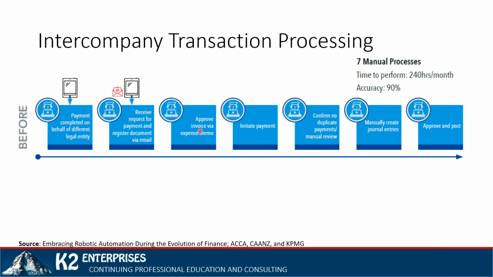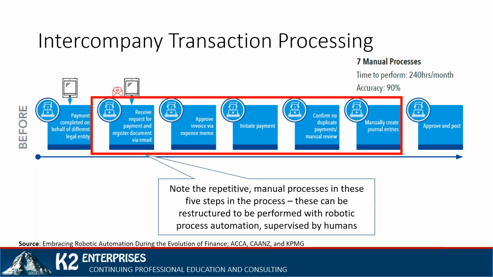There are 7 manual processes in here. The time to perform these is 240 hours a month, or roughly 6 person weeks, and the accuracy is 90%. Now, in this whole process, they've identified that the 5 middle steps are repetitive manual processes, and they can be restructured to be performed with robotic process automation supervised by humans.